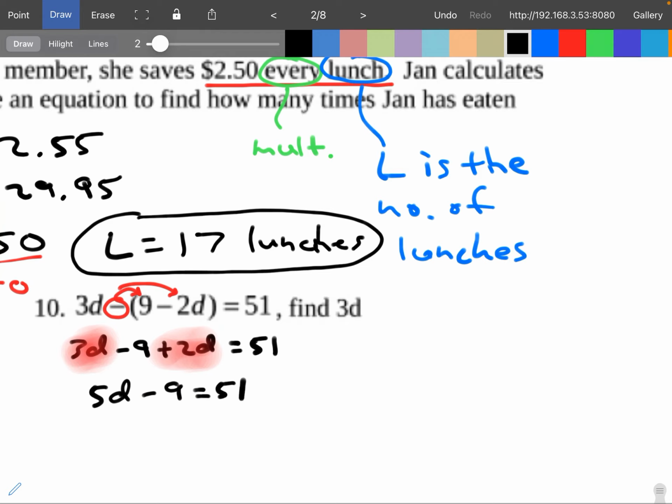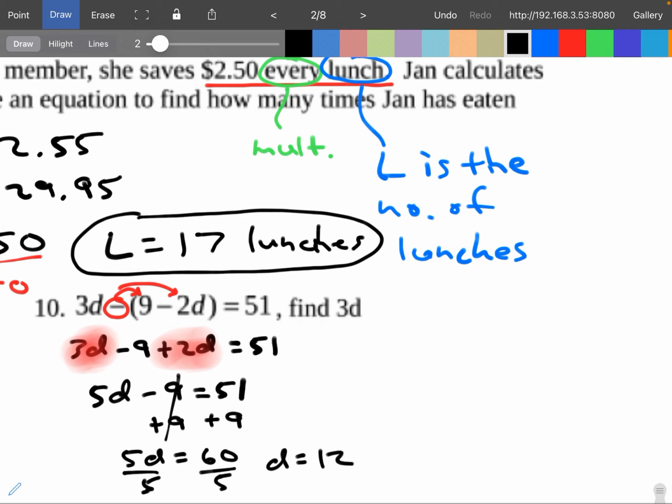Bring down the minus 9 equals 51. Next up: plus 9 on both sides. Then those cancel out and make 0. So now we have 5D equals 60. Then what? Divide by 5 on both sides.